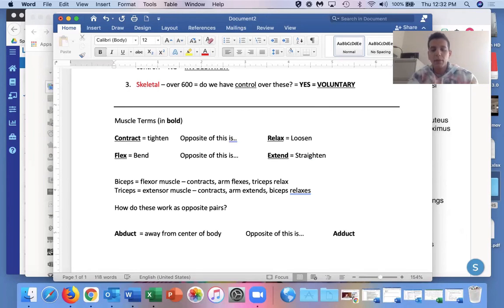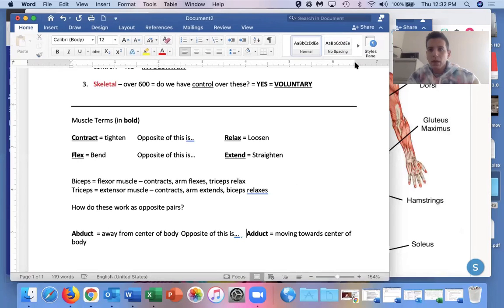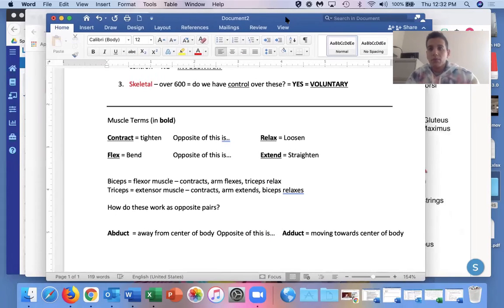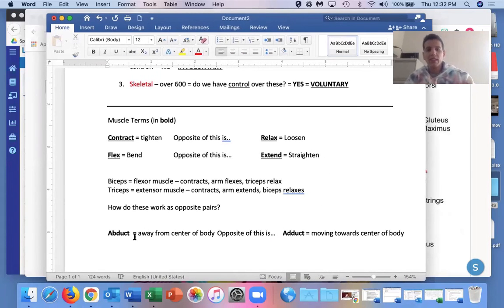And if you guys remember, someone said abductors, and the other muscle on the inside of the thigh is known as the what? Adductors. Okay.